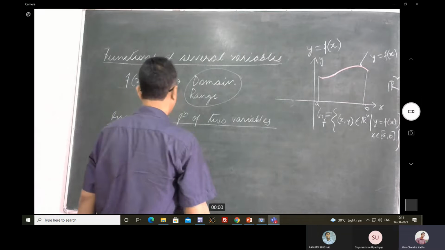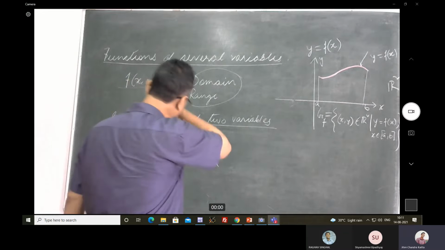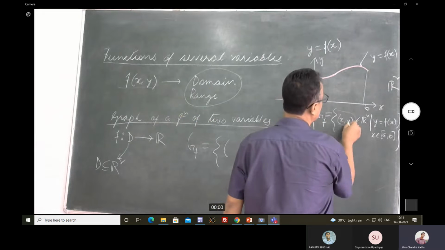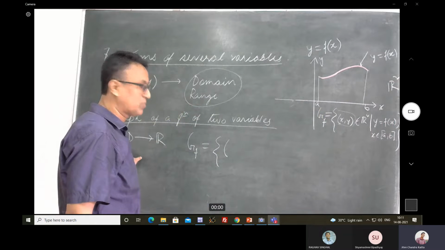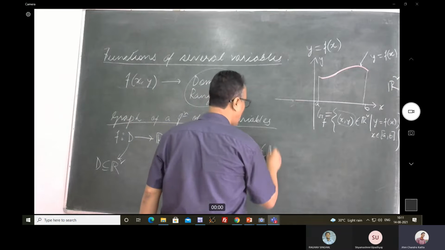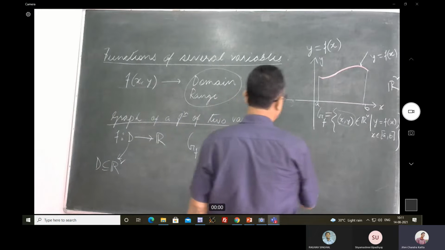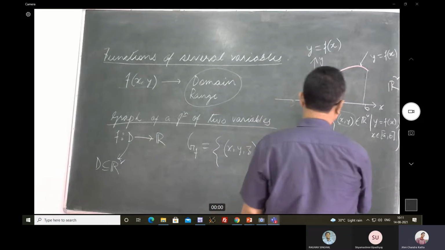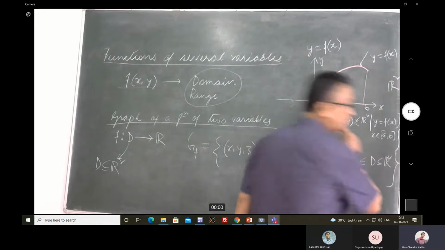Then the graph of f is going to consist of points in R3, such that z equals f of (x, y), and this (x, y) belongs to the domain of definition.